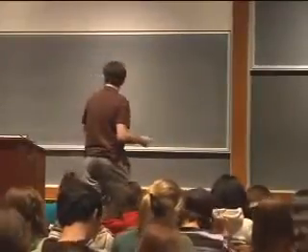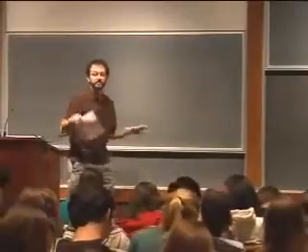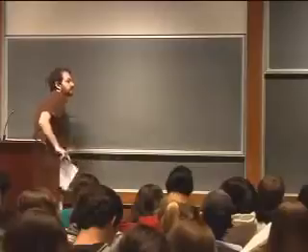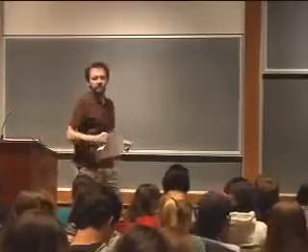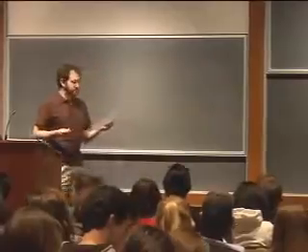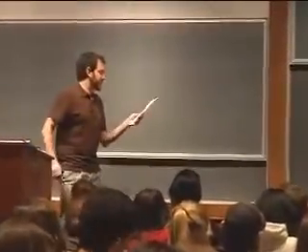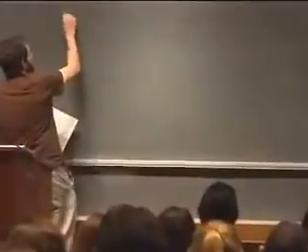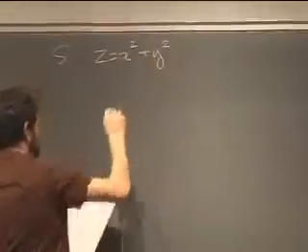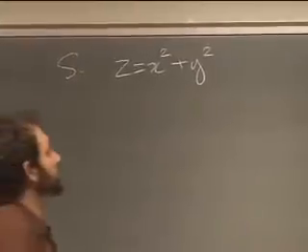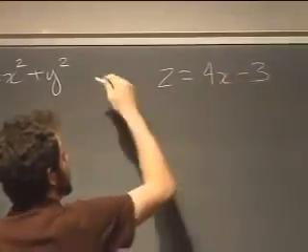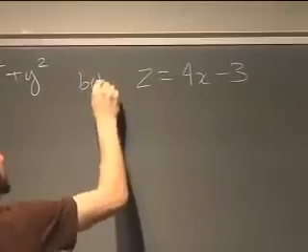Once again, I'm just going to use the top half of this board. I see that you've all clustered on this side of the room, which is pretty wise. Now I might even use the right-hand board a little more, and the lectern won't get in the way too much. Okay, so for those of you who don't have it, S is the part of the surface z equals x squared plus y squared that lies below the plane z equals 4x minus 3.